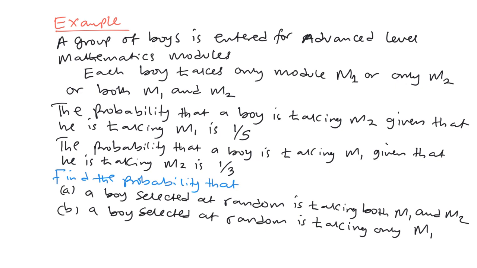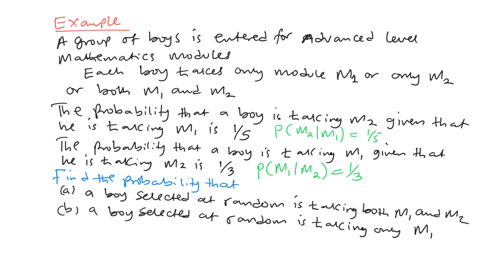If I'm writing here for you, this is what they are saying, that the probability of M2 given M1 is 1 over 5. And more information is coming from here. The probability of M1 given M2 is 1 over 3. So from that information, they want us to find the probability that a boy selected at random is taking both M1 and M2. They are looking for the intersection. Let's go about that.